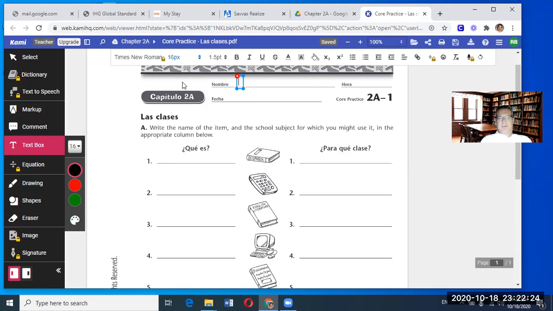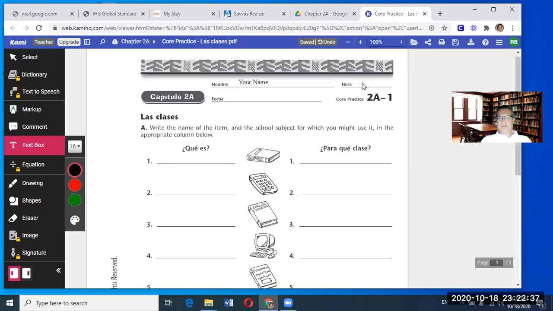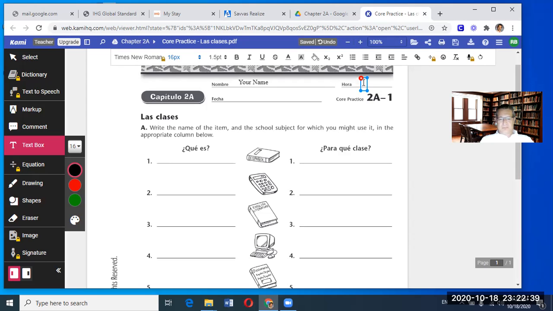So remember, here you're gonna write your name, then the period, whatever period you're in, just the number. And the date for today is October 19th.